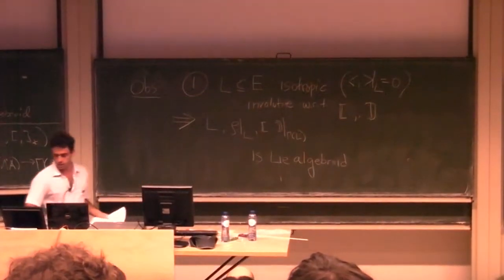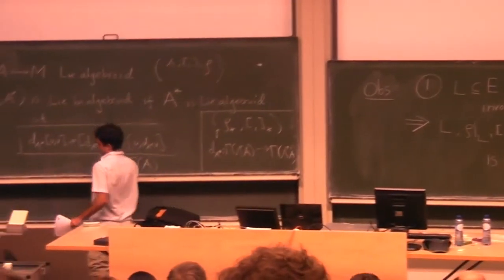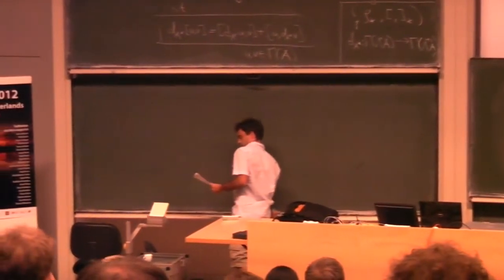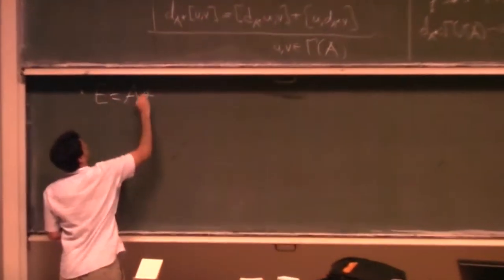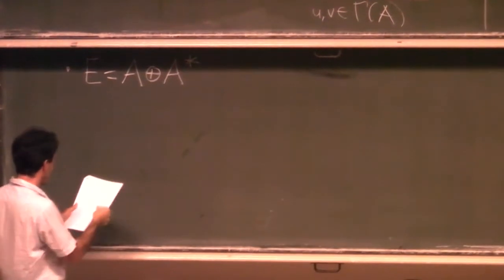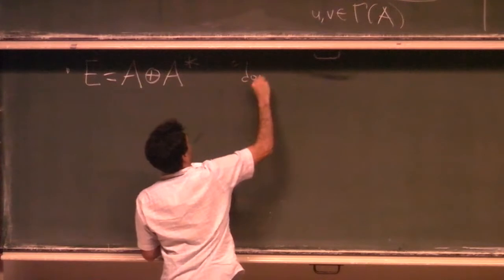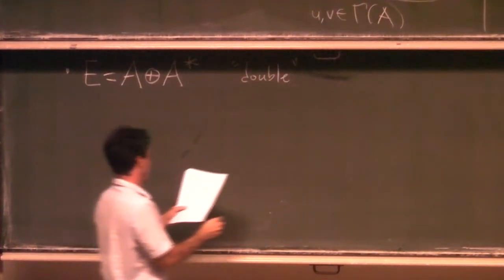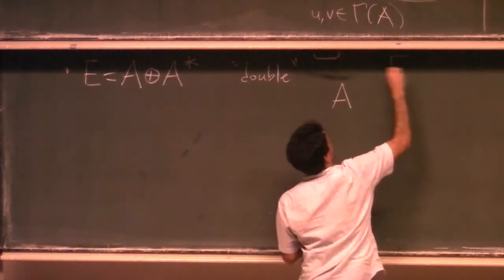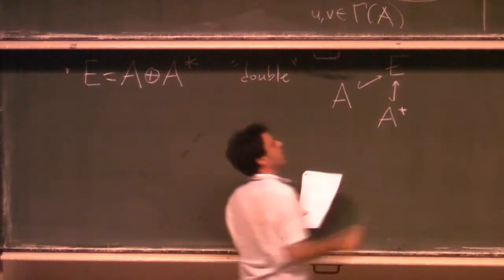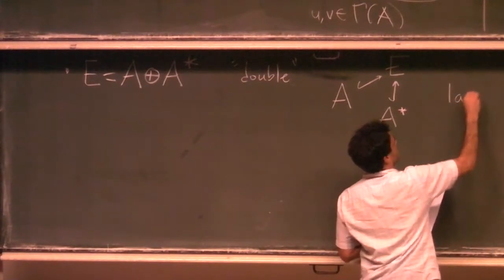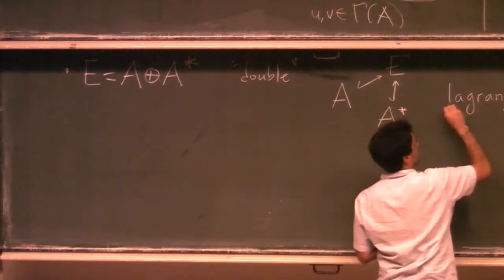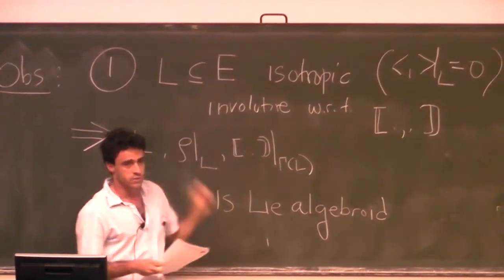And the other observation is that for the case of E being produced out of a bialgebroid, right, so it's one of these objects, then both A and A star sit inside E, so they are both Lagrangian, and what I mean here by Lagrangian subbundles of E are just subbundles which are isotropic and which have half the dimension of E, if you want.